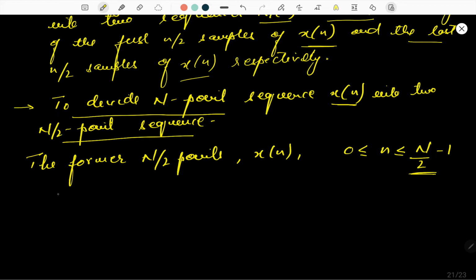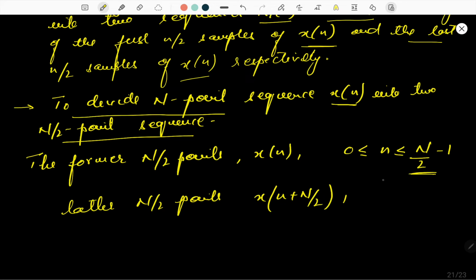The later N by 2 points are x(n plus N by 2), where n is again from 0 to N by 2 minus 1.